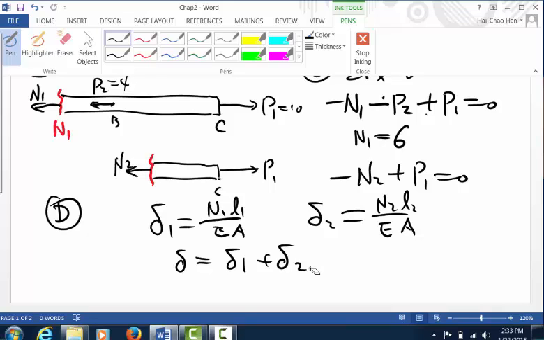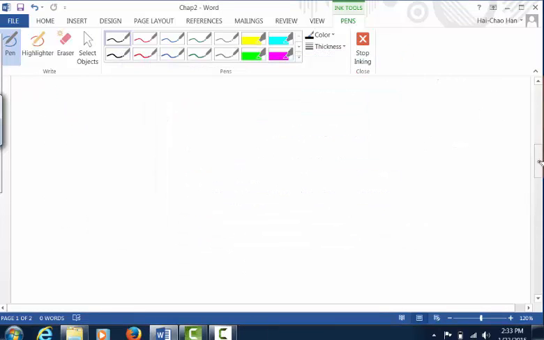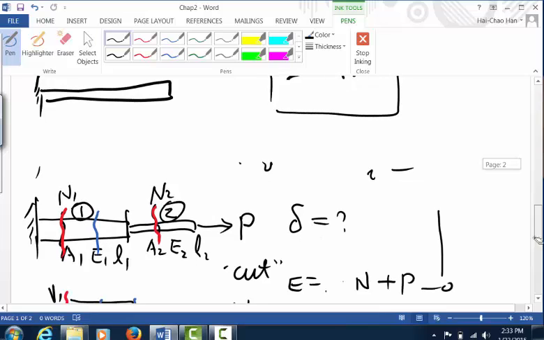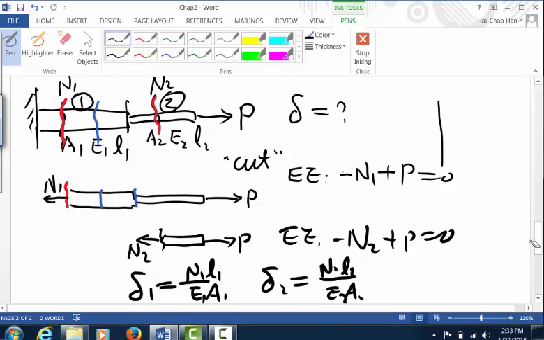Of course, I can apply two loads to the previous problem too. For this problem we just solved, you have A1, A2 there. I can also apply two loads there, so that would be another problem. For this one, we just gave you an example with constant area.